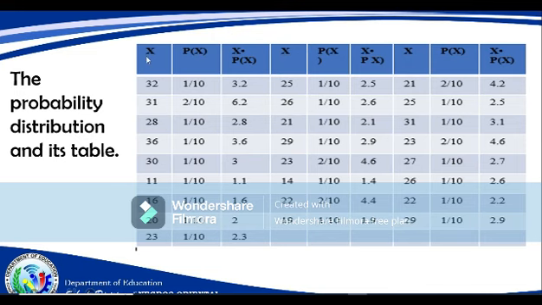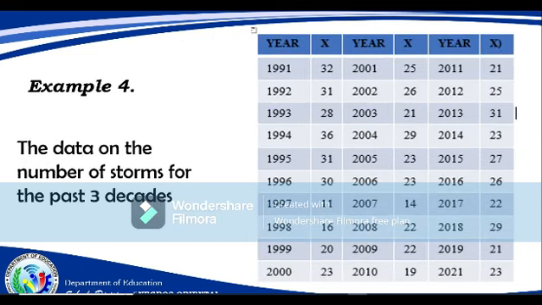So if you have your x, we write 32, 31, 28, but if it happens that one of these x's repeats, we're just going to write it once.